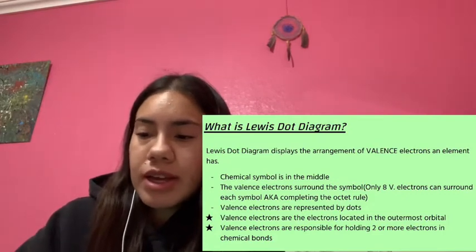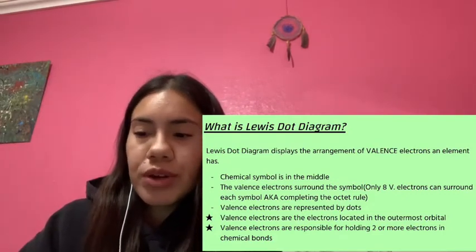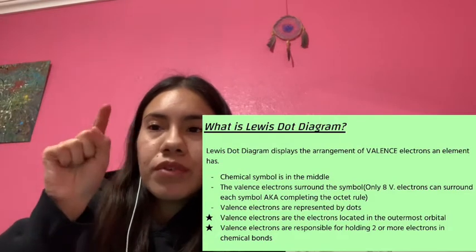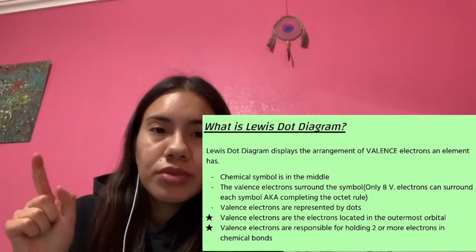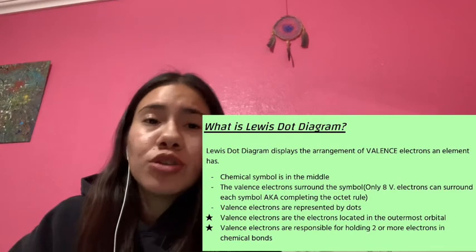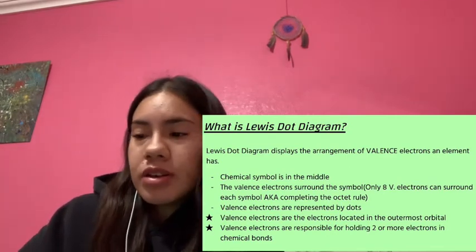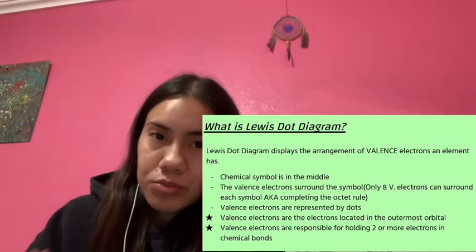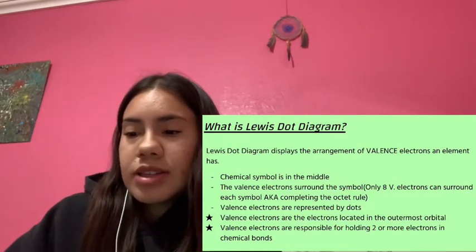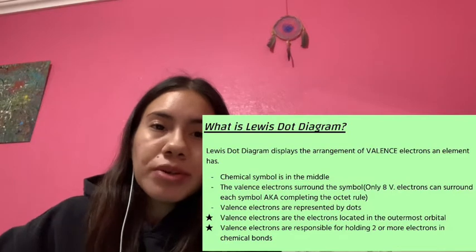Carbon has 4 valence electrons, so we would put 4 valence electrons around the chemical symbol C, and only 8 valence electrons can surround each symbol, which is completing the octet rule. And valence electrons will be represented by dots.